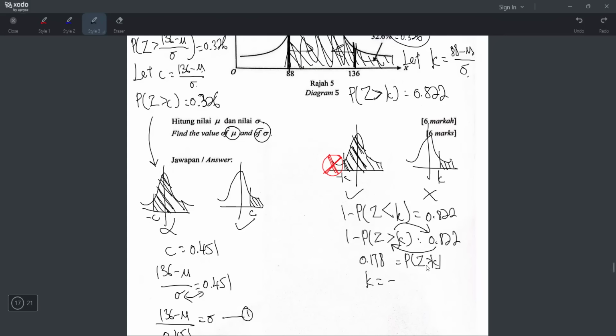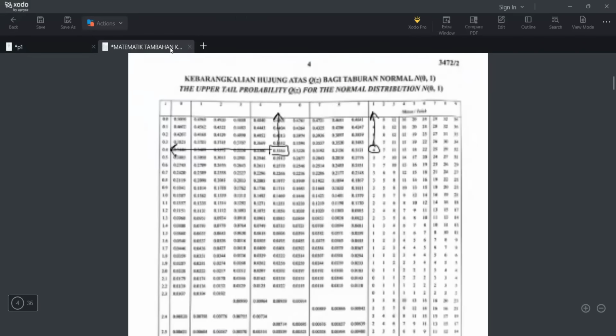But now you can read it because I already did 1 minus, and also the smaller negative changed to bigger positive. So now I'll go to the table, but remember you are reading from the inside. And you're trying to find 0.178 or slightly less. So let me open the Z score table, 0.178.